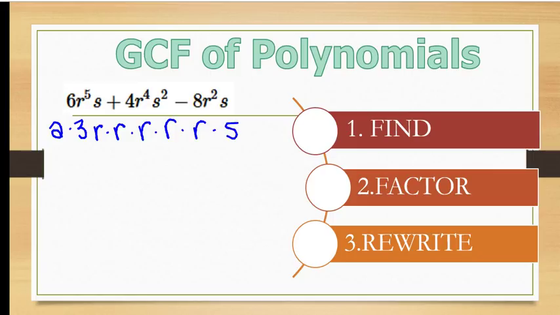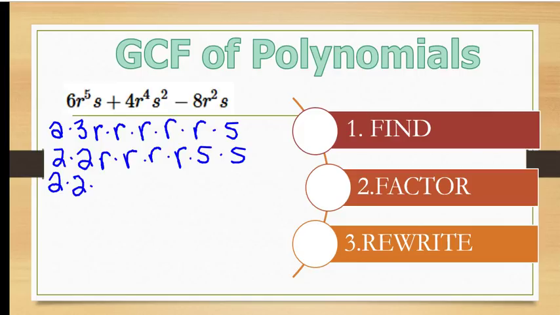Then the second one is 2 times 2 times r times r times r times r times s times s. And the last one is going to be 2 times 4, which, 4 is not prime, so it's also 2 times 2.